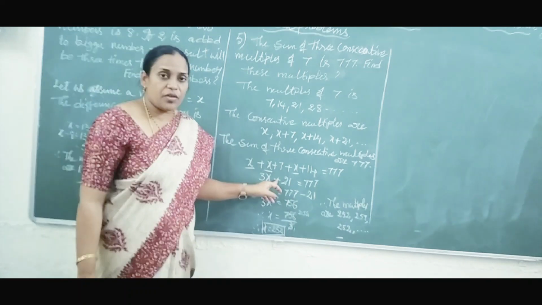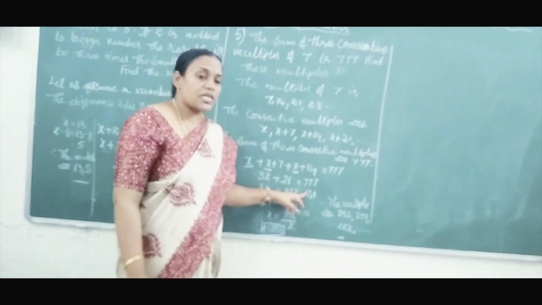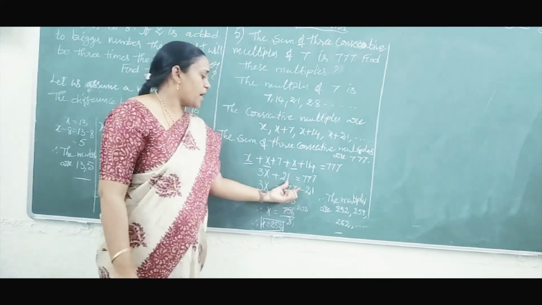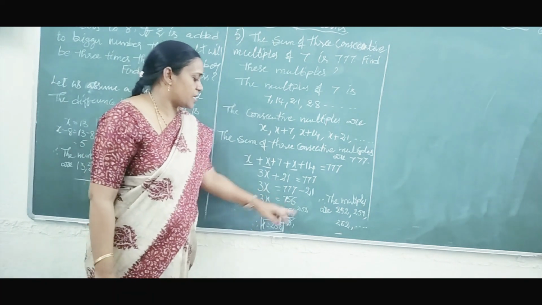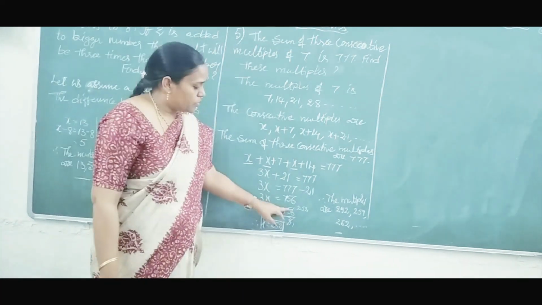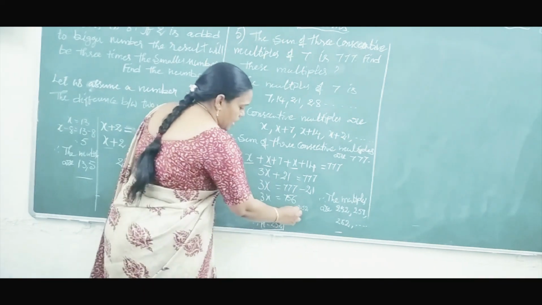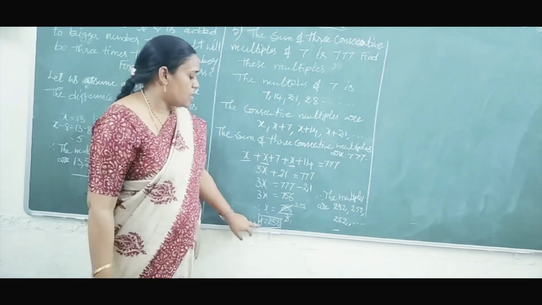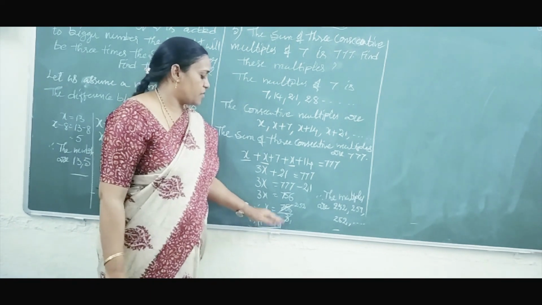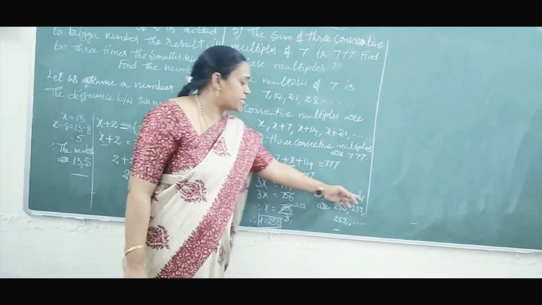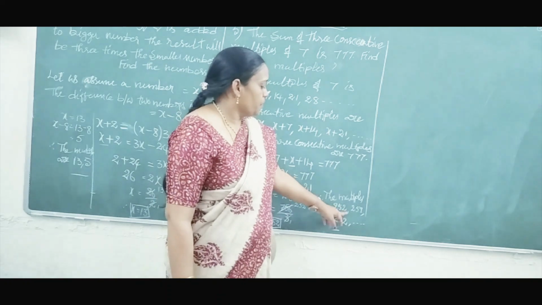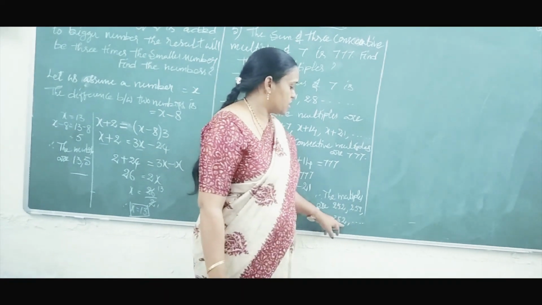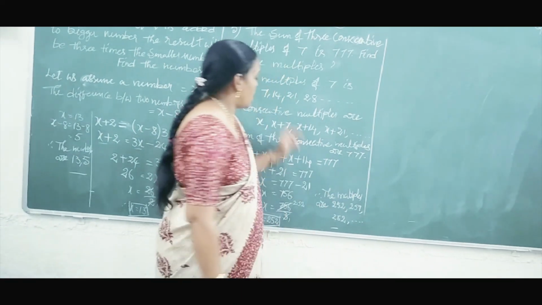Transpose that side, minus 21. Subtract these two, we get 756. Cancel these two, we get 252. That is the x value, the first consecutive multiple. Now you have to add 7 to this number, and we get the multiples 252, 259 and 266. This is the answer. Now understood, children?